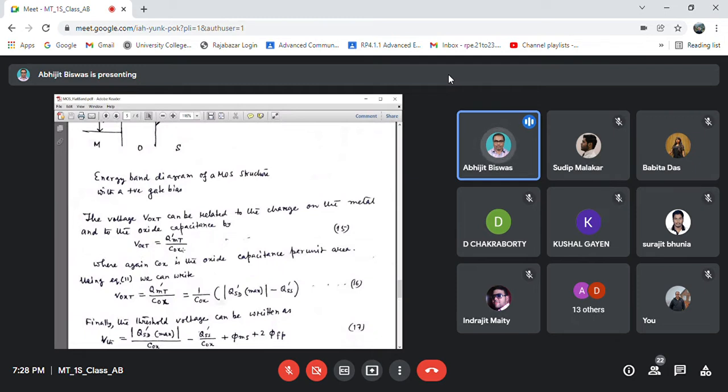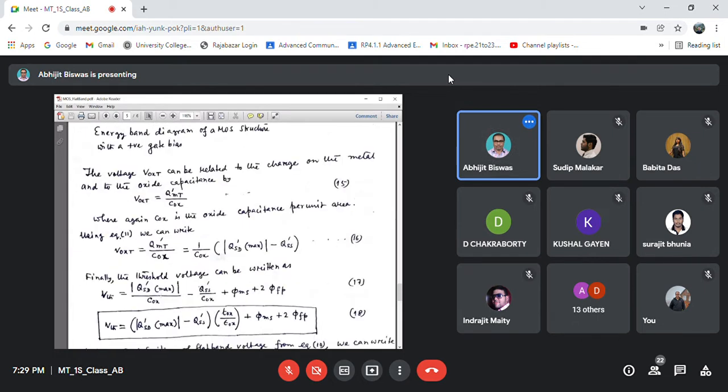So the voltage VoxT, it is the oxide voltage at the threshold inversion point, that is equal to Q'MT by Cox. VoxT equal to Q'MT means 1 upon Cox times mod of Q'SD maximum minus Q'SS.